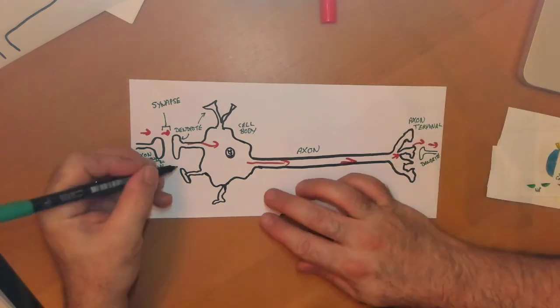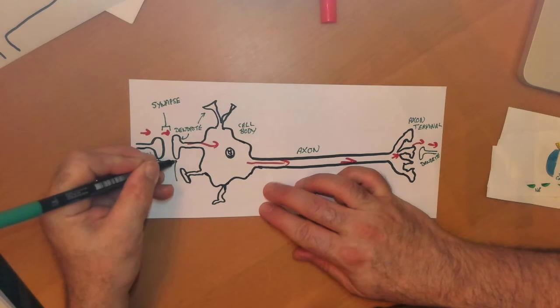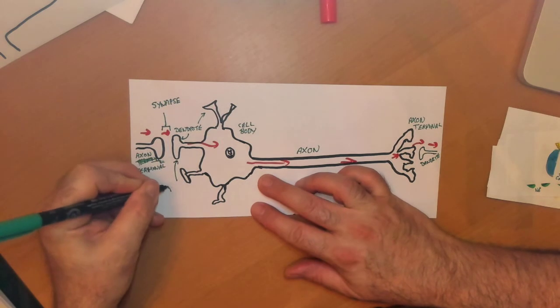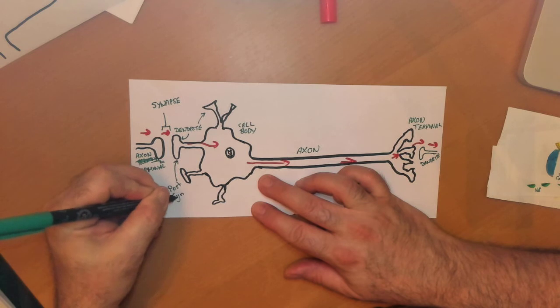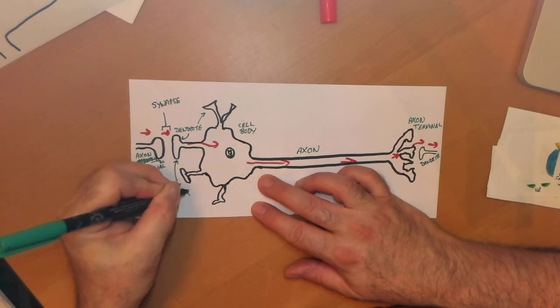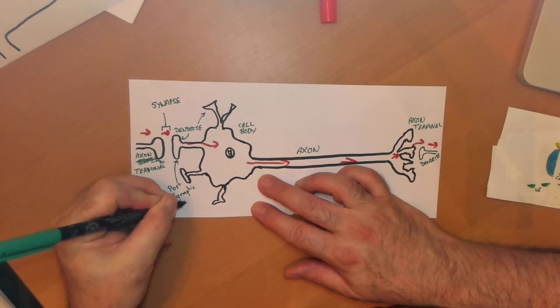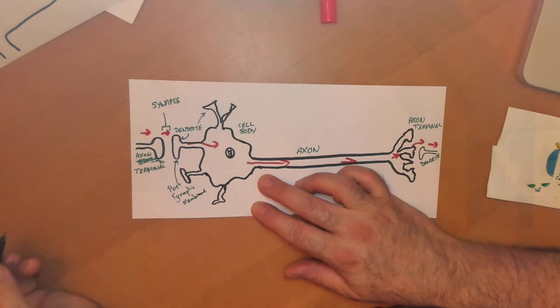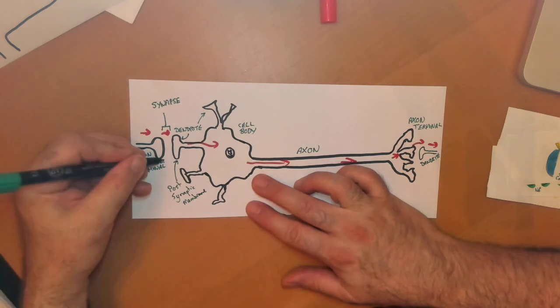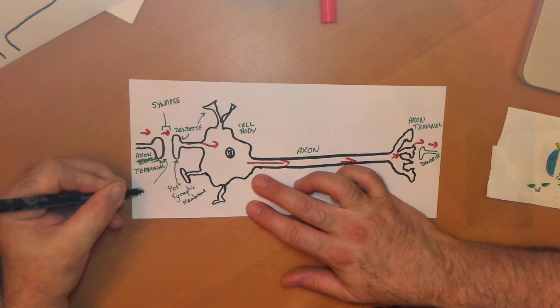This dendrite is also known as the postsynaptic membrane. And that would make the axon terminal the presynaptic membrane.